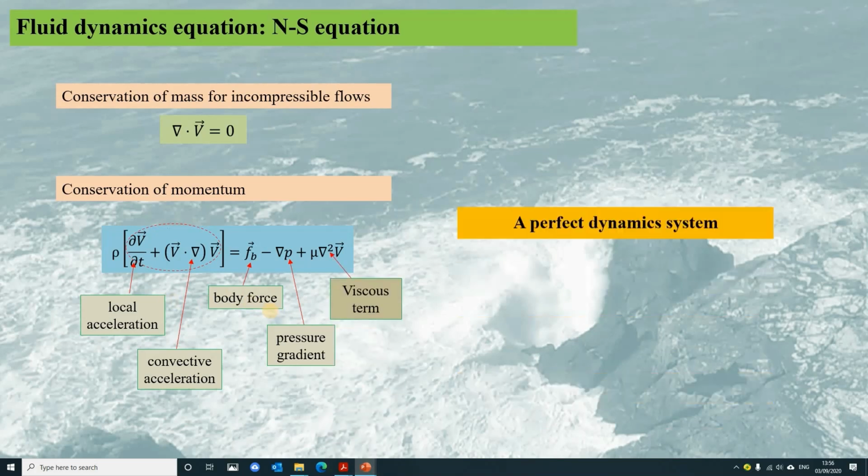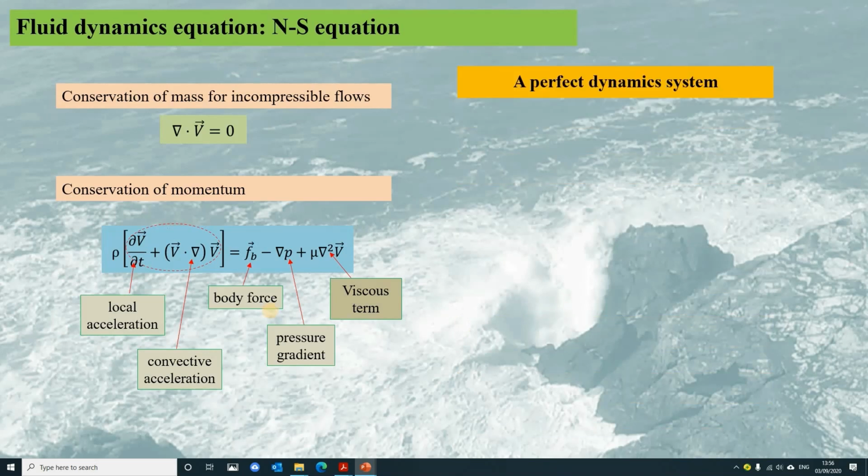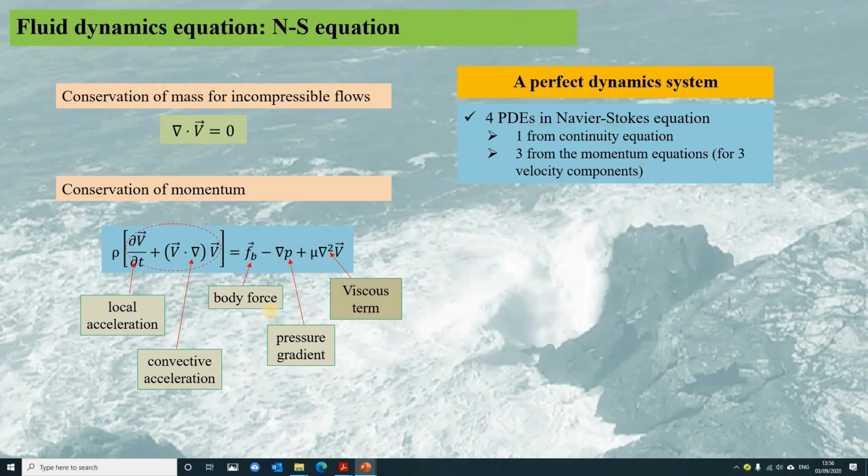In principle, the Navier-Stokes equation has four partial differential equations, one from the continuity equation and three from the momentum equation for three velocity components.